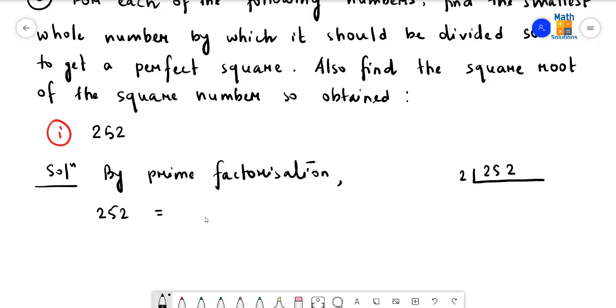So 2 ones are 2, then 2 twos are 4, it is 12, 2 sixes are 12, then again by 2 I can divide it, so it is 6, then this is 3, then again by 2 it is not possible to divide, so we shall be proceeding with 3 since this is an odd number, and the sum of these two digits is equal to 9, which is divisible by 3. Therefore 63 will be divisible by 3, and I'm going to get the result as 21.